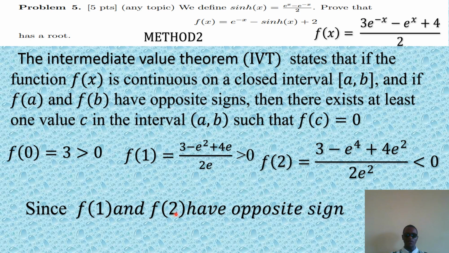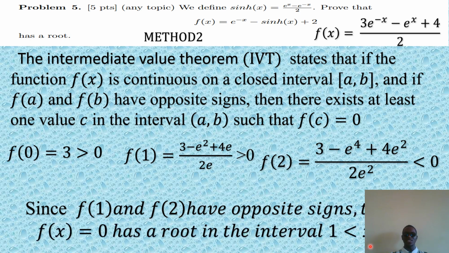Since f of 1 and f of 2 have opposite signs, it means the function has a root in this interval. Remember this is a mock exam. Your exams are coming up, and you may have similar questions like this. Maybe they can give the same exercise and put this interval, so that you use it to show that the function has a root in this interval.